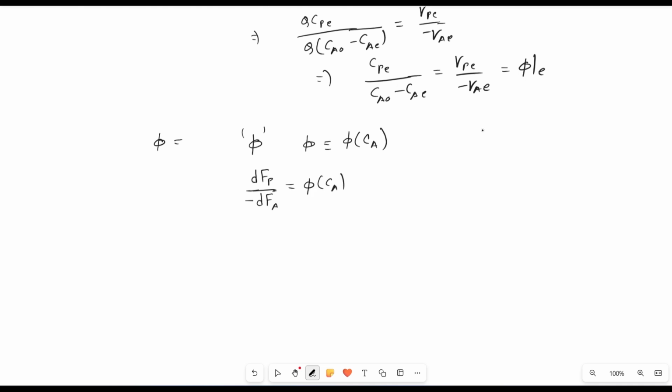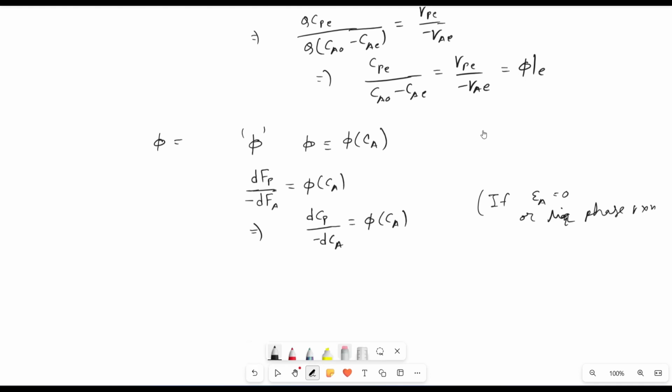If the system is of constant density or a liquid phase reaction, meaning epsilon A is equal to 0, then we can write dCp by minus dCa equals phi of Ca.